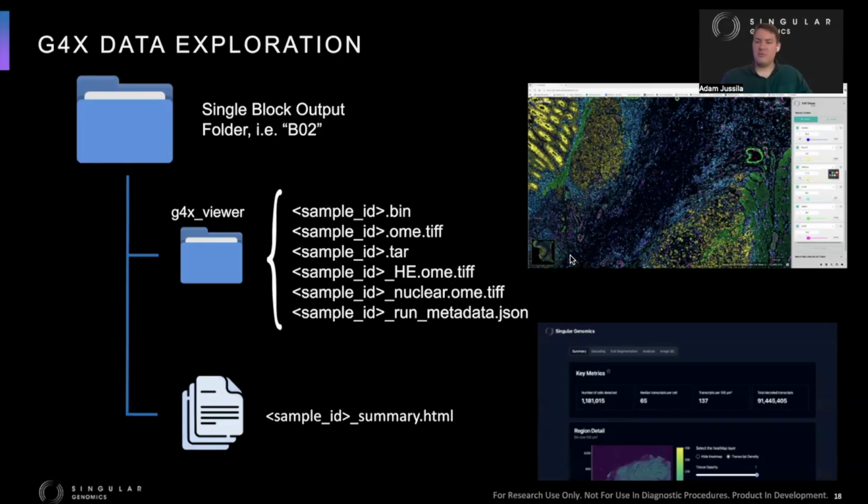It's designed specifically for G4X data and takes in a number of files that we produce by default. This is one of our core tools that we produce for you, designed to help you explore the data. You can visualize fluorescent H&E, multi-layer protein stains, transcript information, and cell segmentation, and more, all in the same place.